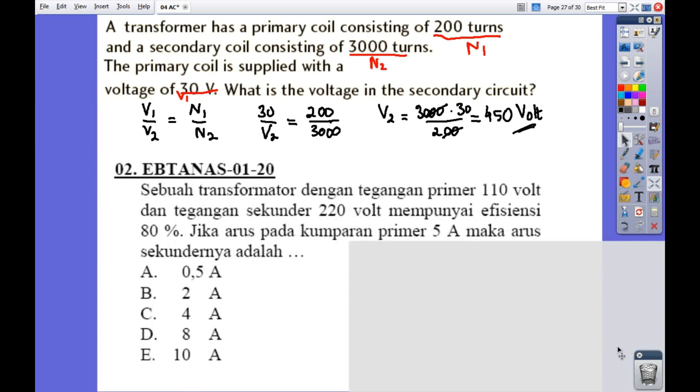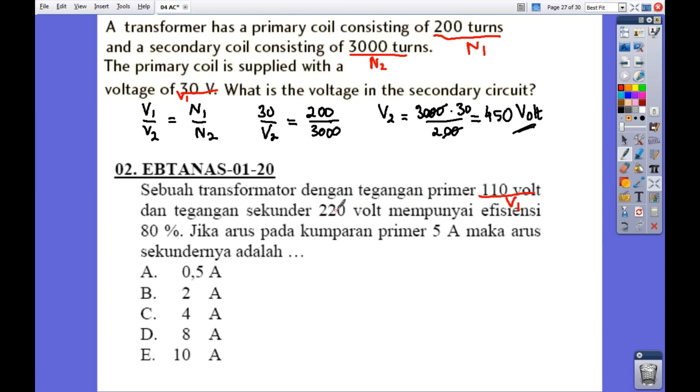Now the second question. A trafo has primary voltage 110 volt and secondary voltage 220 volt.